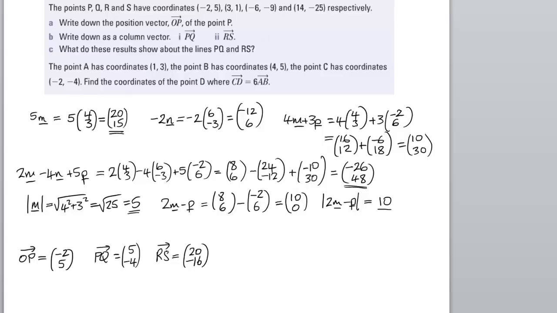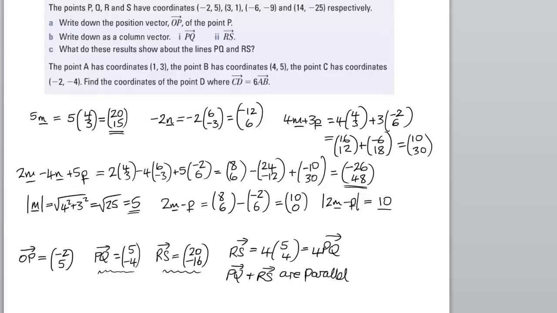What do these results show about the lines PQ and RS? Well, look, there's PQ, there's RS. What can we see? Well, we can see that RS is a scalar multiple of PQ. It's 4 lots of it. So the results show that vector PQ and vector RS are parallel.